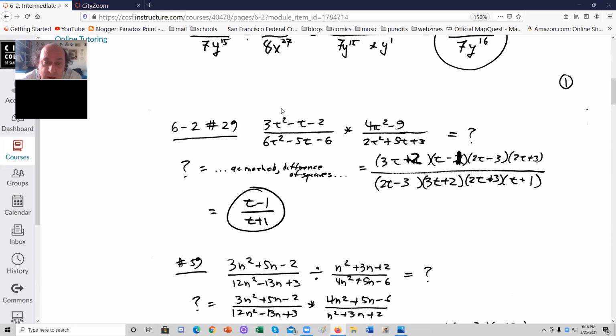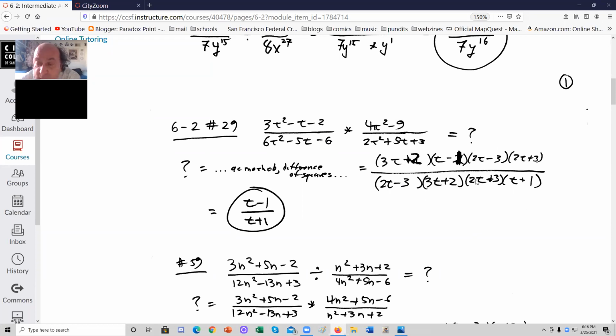We get 3t squared minus t minus 2 is 3t plus 2 times t minus 1. 4t squared minus 9 is 2t minus 3 times 2t plus 3. Denominator, 6t squared minus 5t minus 6 factors into 2t minus 3 times 3t plus 2. And 2t squared plus 5t plus 3 factors into 2t plus 3 times t plus 1.